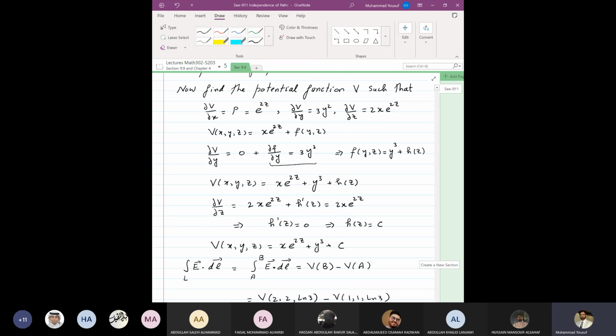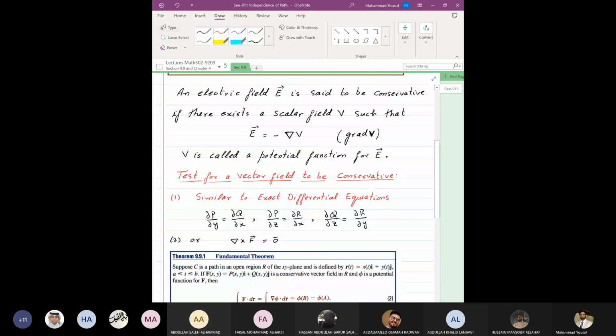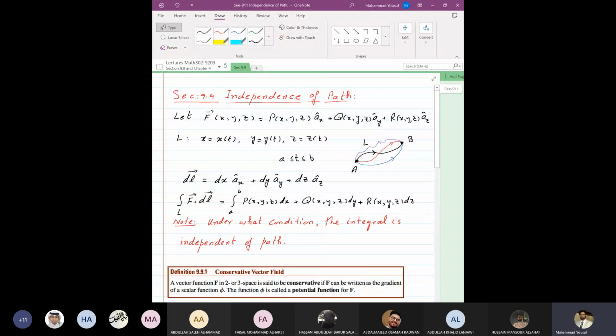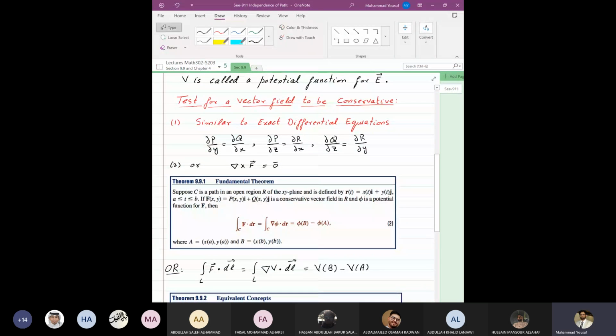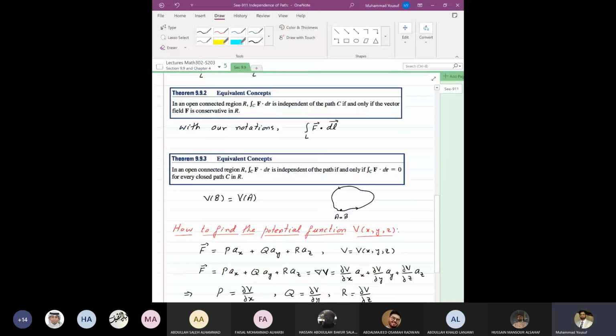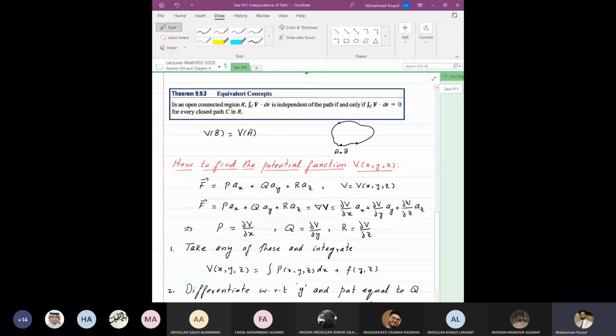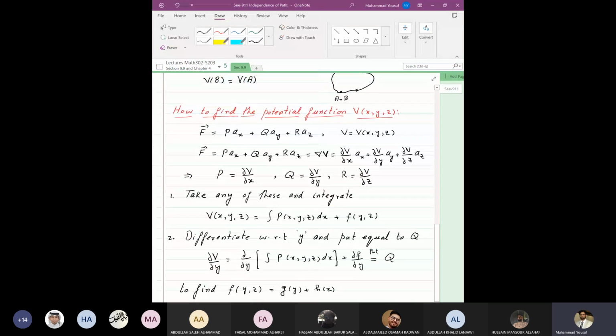Yesterday we did this: 9.9, independent of path, and then the fundamental theorem, and when the path is closed, the answer is 0.